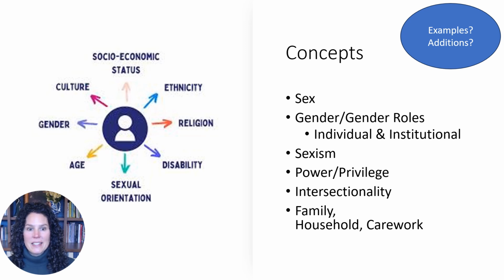And that ties into this idea of intersectionality, which you can see represented on the slide, of how a variety of potentially minoritized, marginalized identities can intersect in varying ways to create additional challenges. So we can't just be looking at the plight of women, but we have to be thinking about women who are disabled, or women who are gay, or women who are Jewish, or women of color.